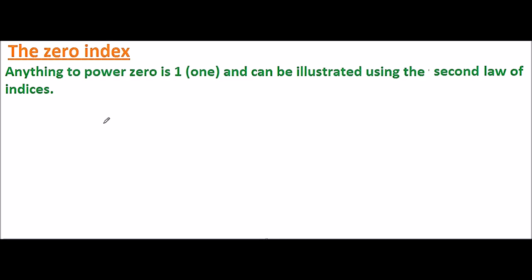The zero index. Maybe you have heard people say that anything to power 0 is 1. That is the zero index statement. Anything to power 0 is 1 and can be illustrated using the second row of indices. Let's take an example.